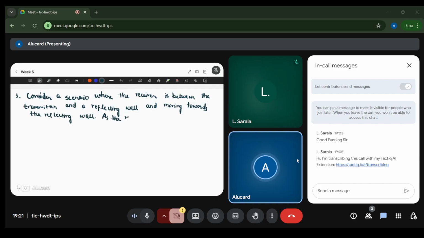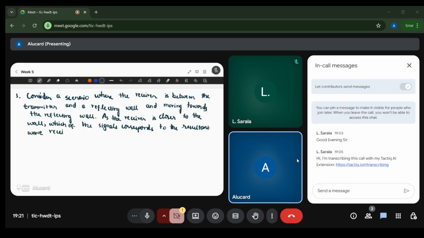As the receiver is closer to the wall, which of the signals corresponds to the resultant wave received?